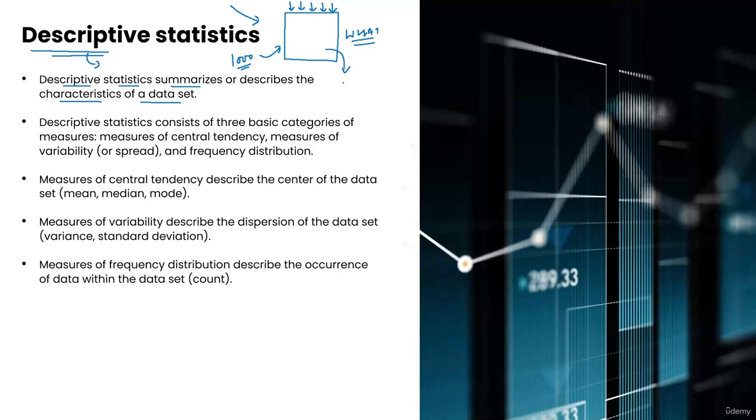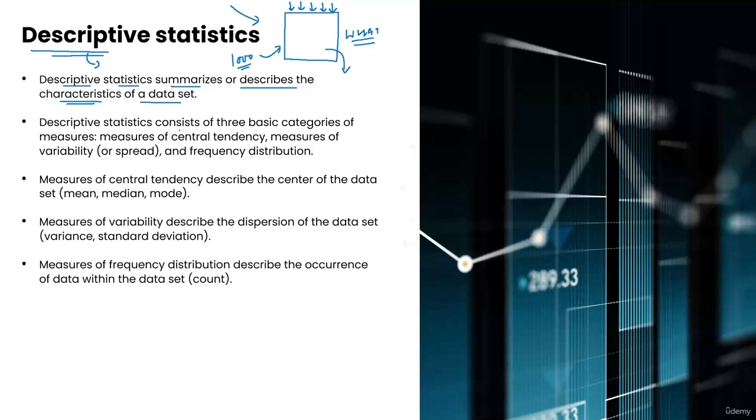What is the average age? What is the total population? What population are males? What population are female? What is the average salary? All this information is nothing but a part of your descriptive statistics. That means describing the characteristics of a data set.